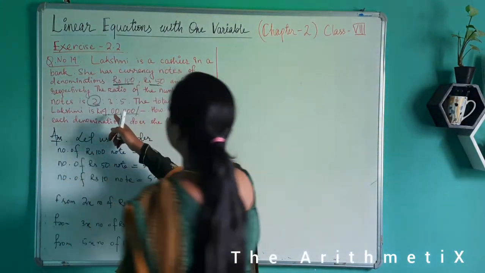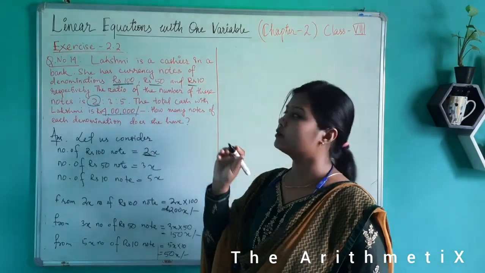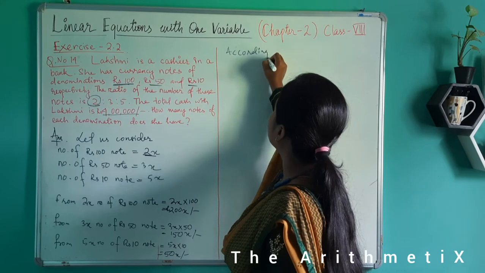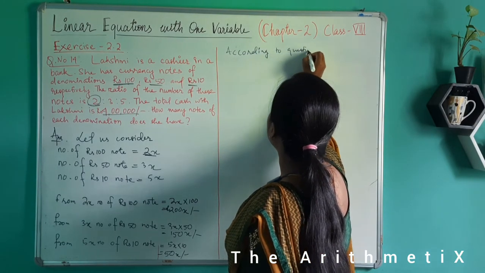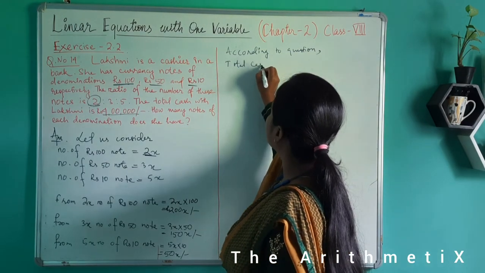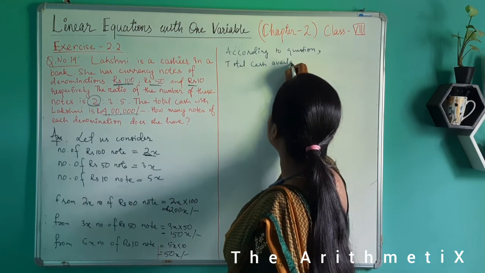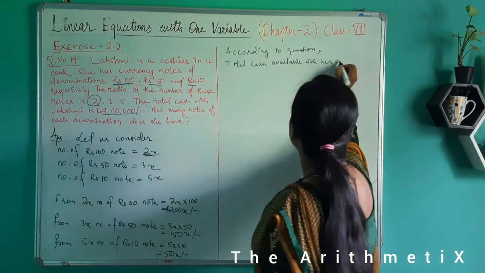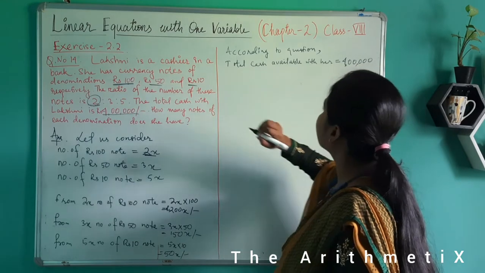So again, it's been given in the question that the total cash with Lakshmi is 4 lakh rupees. We will mention it here that according to question, total cash available with her equals to 4 lakh rupees.